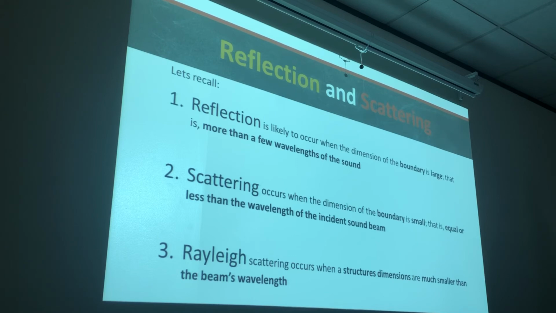Remember our typical values for wavelength in diagnostic ultrasound: 0.1 to 0.8 millimeters. Rayleigh scattering occurs when structures' dimensions are much smaller than the beam's wavelength, so even smaller than what would be normal scattering.